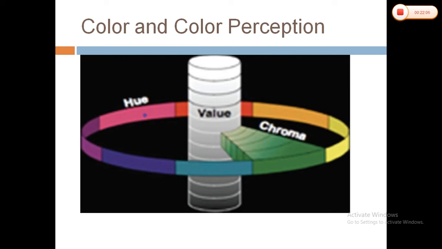And color is very important to be determined in dentistry, because you are going to do shade selection or color selection for each individual patient. So you should learn how to identify the specific color for a specific patient, that is color perception.